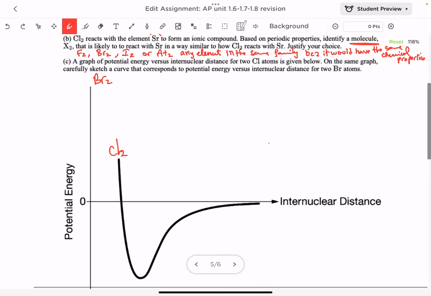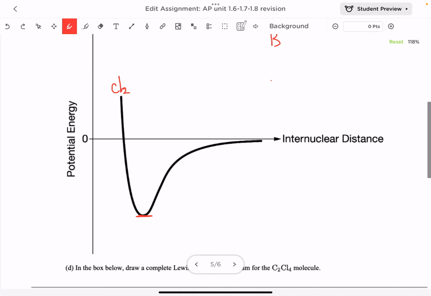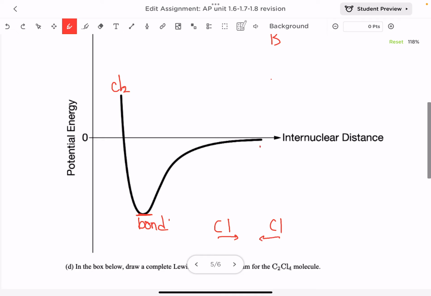Now, before drawing, I want you to know that the minimum down here is the bond energy. Sorry, not binding. When the two atoms of Cl bond, they keep on coming close to each other as they are attracted more and more to each other.